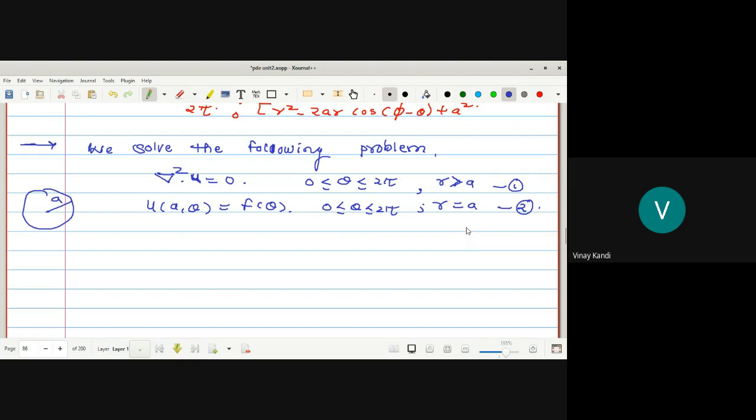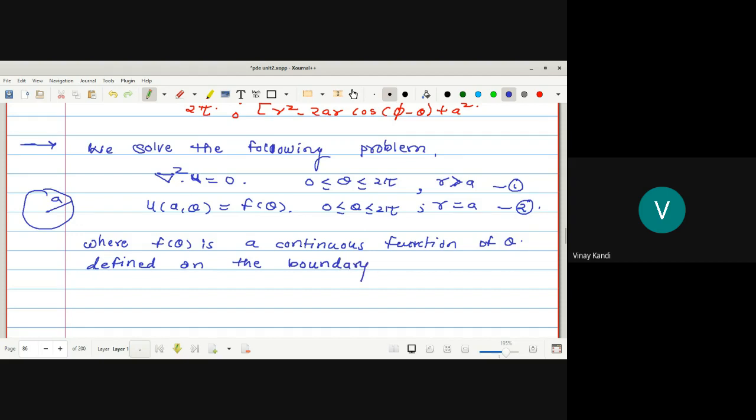Okay, so this is our exterior Dirichlet problem, where f of theta is a continuous function of theta defined on the boundary B of a circle of radius a.